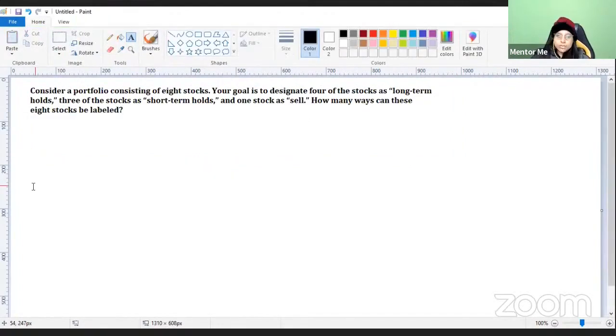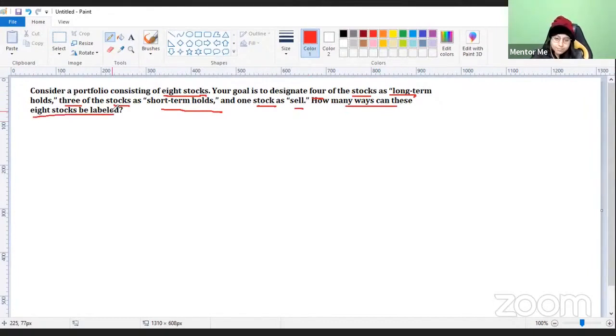Let's say this is the question. The question says, consider a portfolio consisting of 8 stocks. So we have in total 8 stocks with us. Your goal is to designate 4 of the stocks as long term, 3 of the stocks as short term, and 1 stock as sell. How many ways can these 8 stocks be labeled?